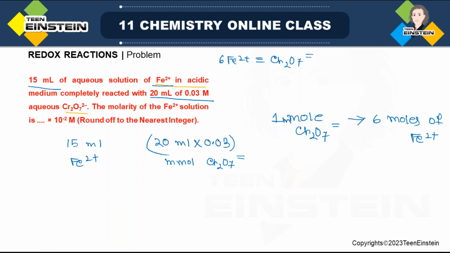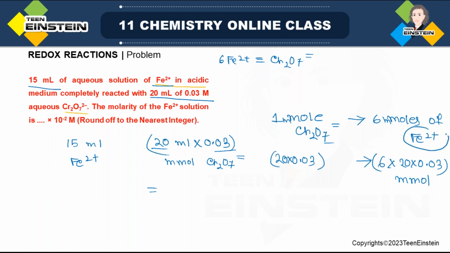On both sides I am putting millimoles. Now 20 into 0.03, this number of moles of Cr2O7 that will react, the Fe2+ should be 6 times higher. So this is the number of millimoles of Fe2+.